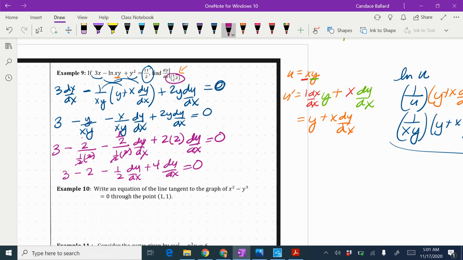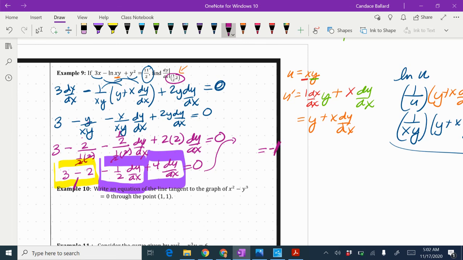At this point, I probably would box my purple for my dy dx's, and my yellow for anything that's not dy dx. I know that 3 minus 2 is 1, so I'm just going to move the 1 over to the other side. So the 1 moving to the other side would be negative 1 on the right.